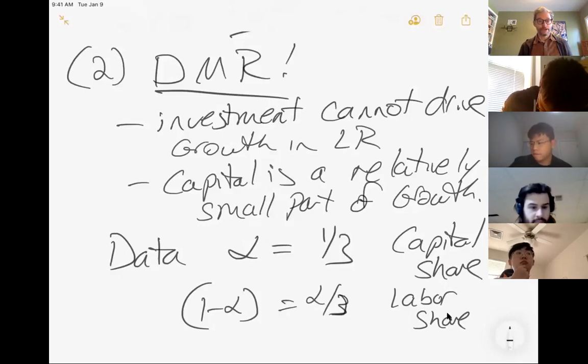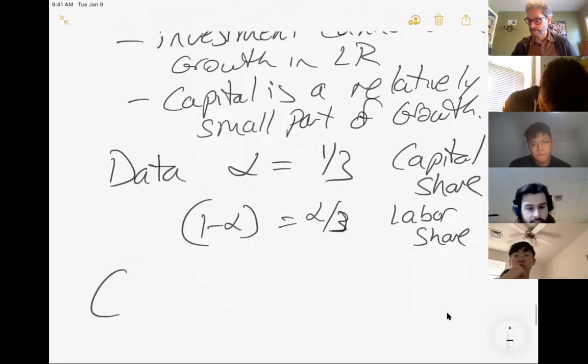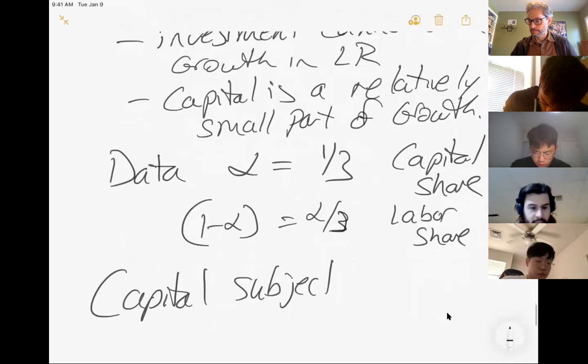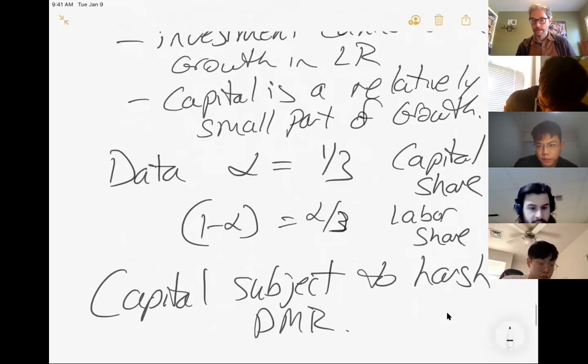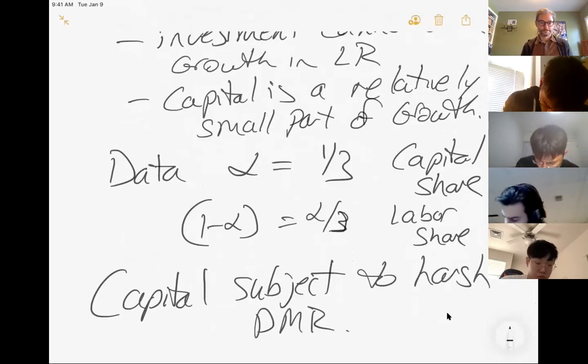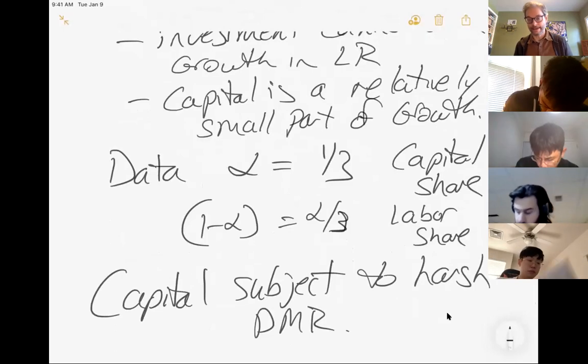And so capital is highly subject to diminishing returns. The fact that it's a relatively small part of production means it's going to be harshly subject to diminishing marginal returns. And we see that in the data, right?